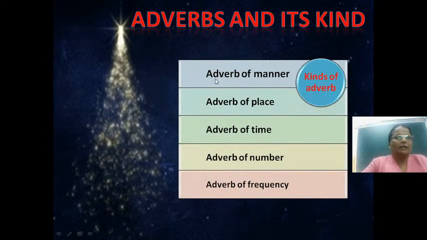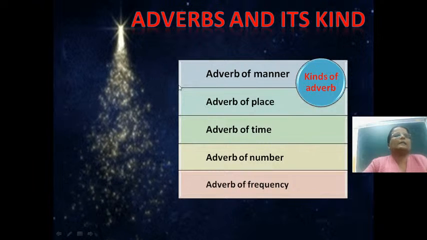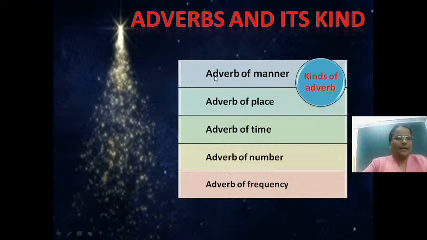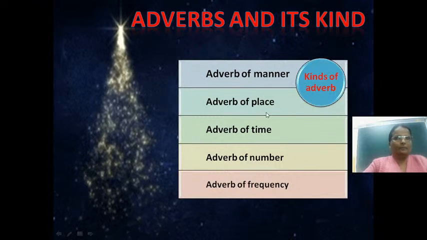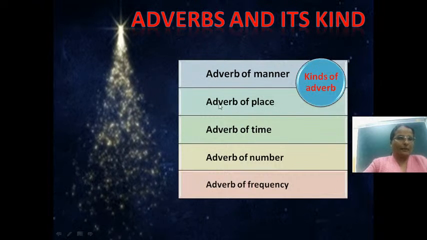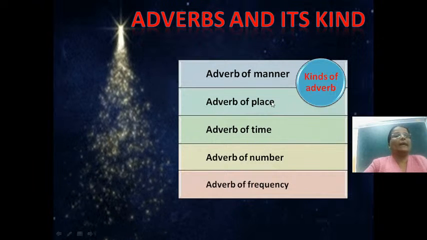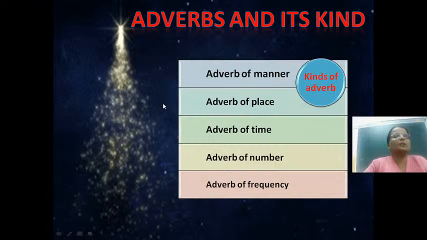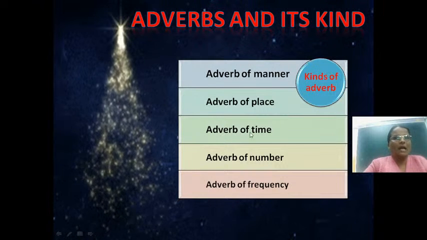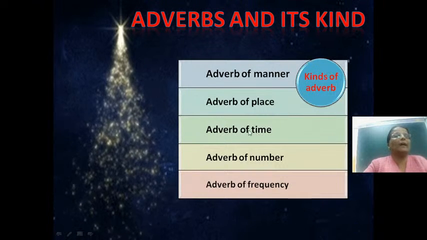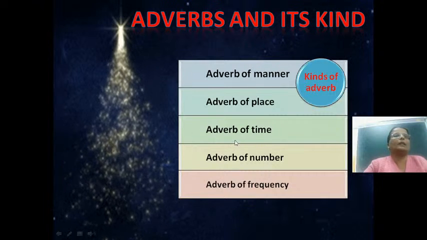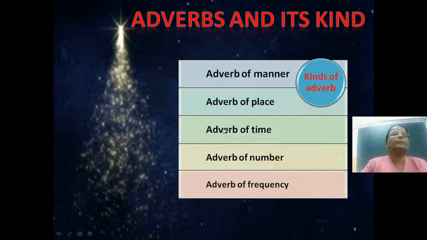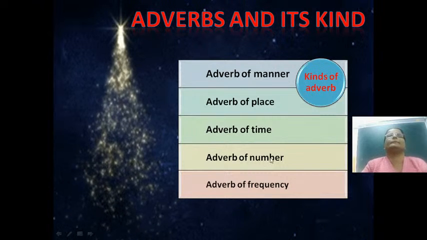We learned that adverb of manner tells us how an action is done and it answers the question how. Adverb of place tells us where an action has taken place and it answers the question where.